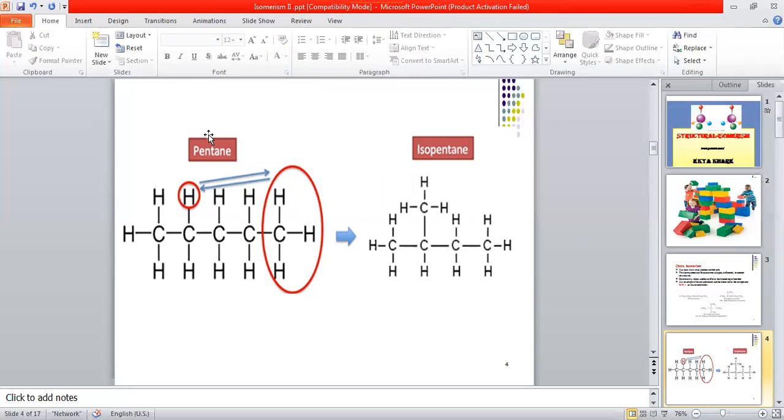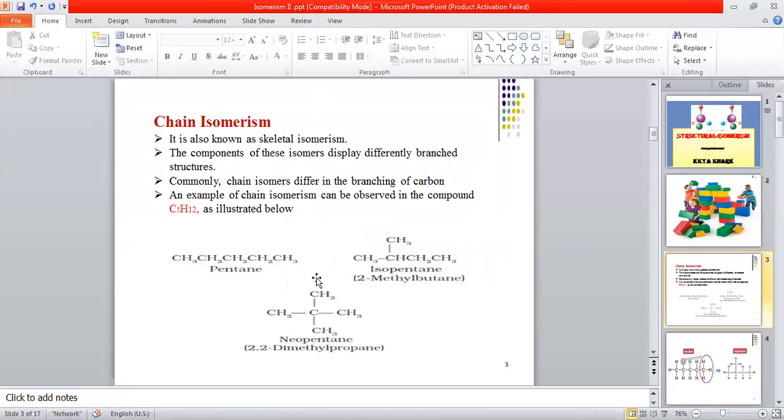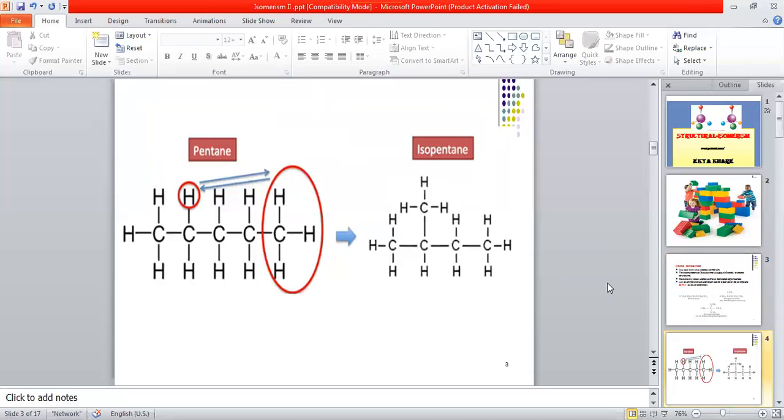Pentane has 3 different chain isomers. As I told in this slide, pentane has 3 different isomers. Here you will see that pentane and isopentane, this one and this one, are chain isomers of each other.